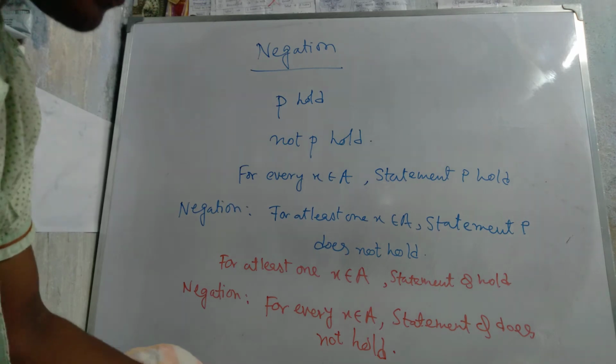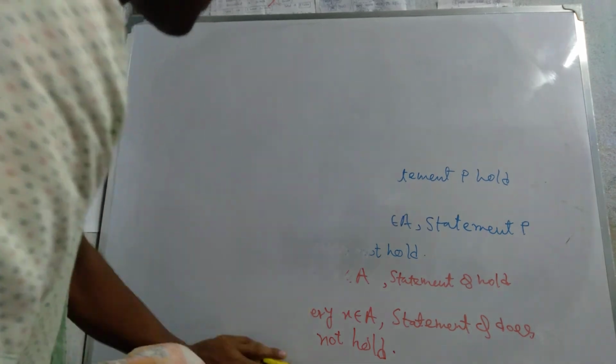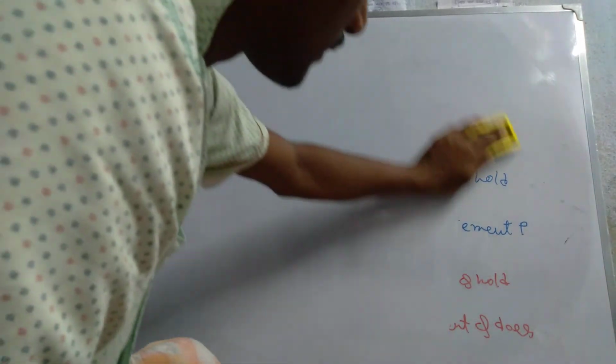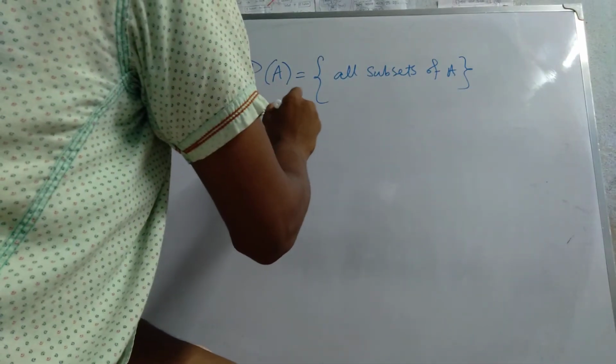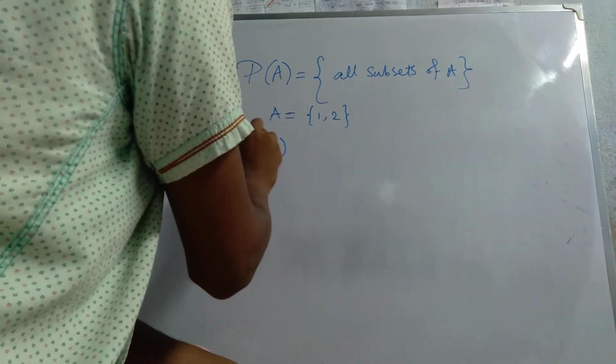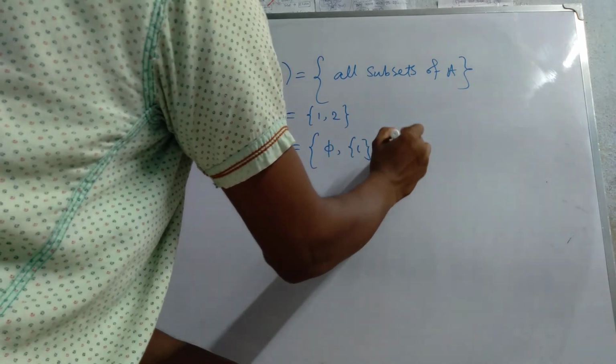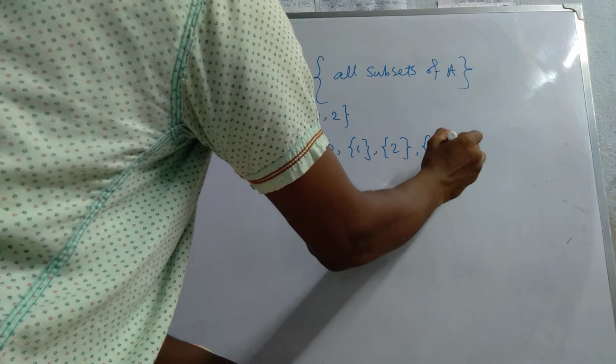Now we write a collection of sets, which is a set containing sets. That means the power set of A, which contains all subsets of A. We construct A equal to {1, 2}, then the power set of A equals {phi, {1}, {2}, {1, 2}}.